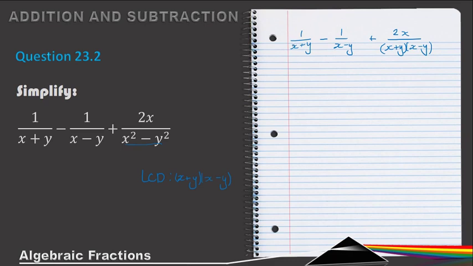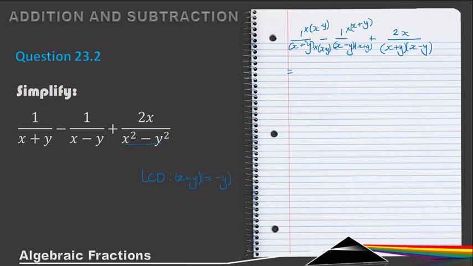Now over here, to get this over the lowest common denominator, we just need to multiply it with x minus y, and we do it at the top as well, x minus y. And then over here, we need to multiply this guy with x plus y, and at the top as well, multiply by x plus y. And then this one already contains the lowest common denominator.